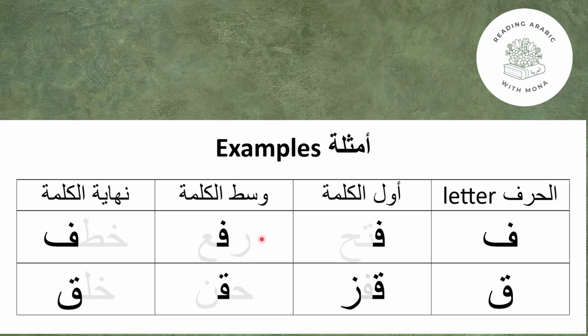And as we learned from previous lessons, when the letter is in the middle of the word and preceded by a resisting letter, we deal with it as if it is at the beginning of a word. And of course, here in the final position, the two letters restored their original shape.